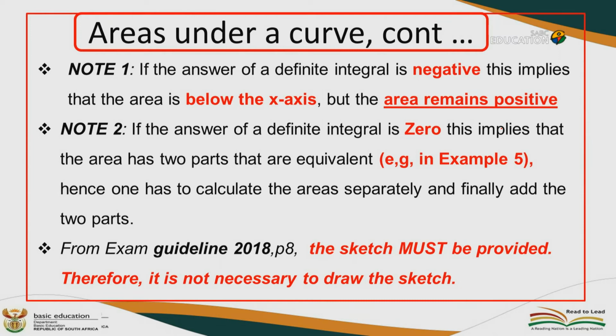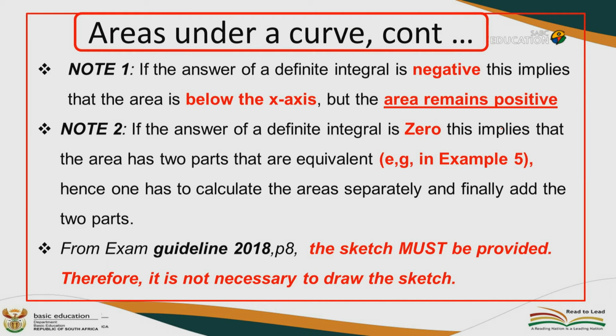Then what other notes do you need to take care of? One, I've emphasized your definite integral. If you get it to be negative, this implies that the area is below the x-axis. But your area must remain positive. That one is a must.